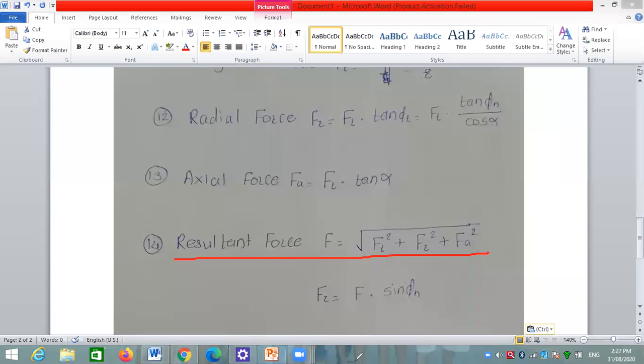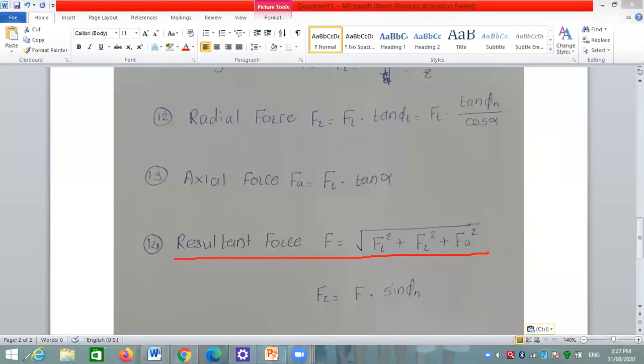In helical gear, there is one question. If a theory question is asked in the exam, then it will be related to terminology and the equations for center distance and gear ratio. And another question asked on helical gears is a numerical. We will discuss this numerical in the next lecture.